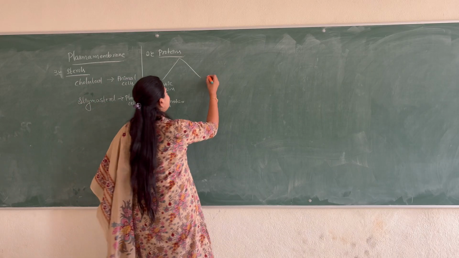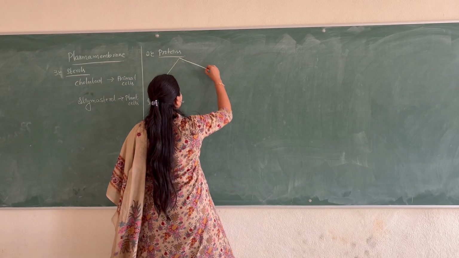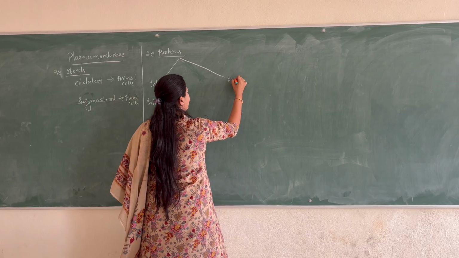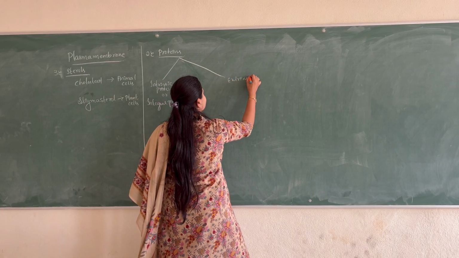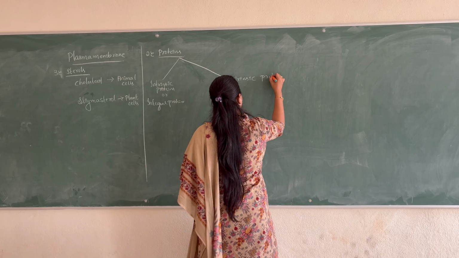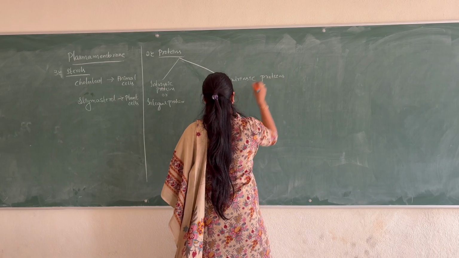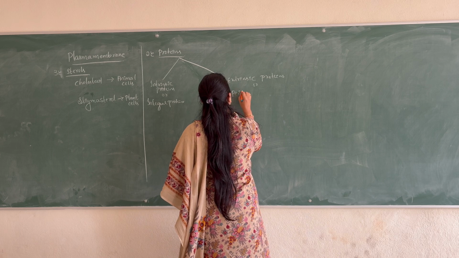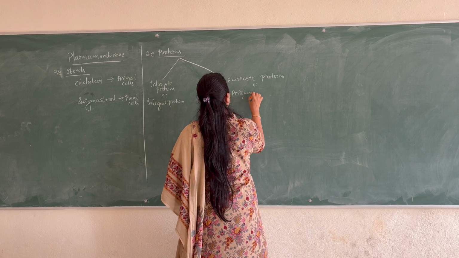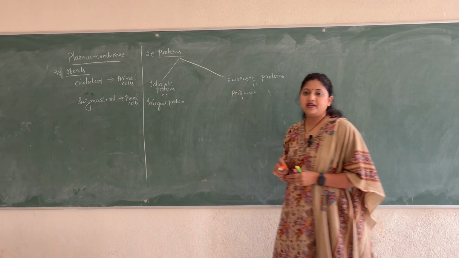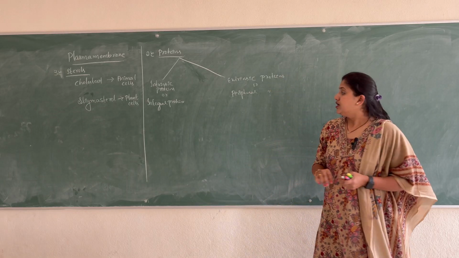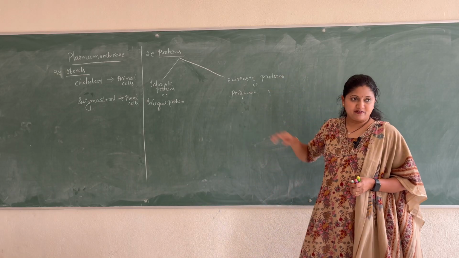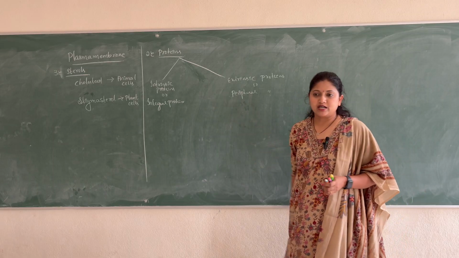And the second one is extrinsic proteins, or peripheral proteins. We'll first speak about the peripheral proteins and later we'll come to the integral proteins.